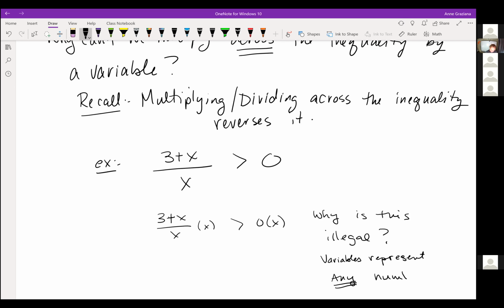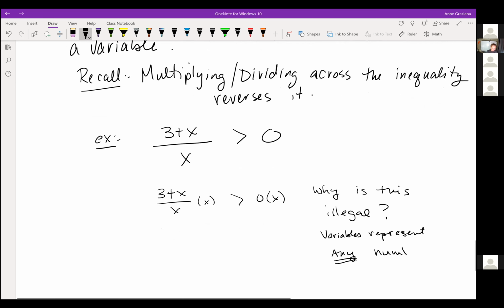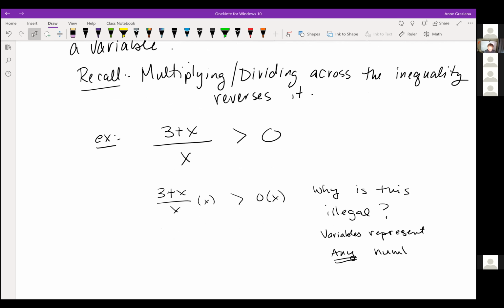Meaning it could be positive, it could be negative. We don't know. So when you multiply by an unknown, you don't know if it's negative. So you don't know if you need to flip that. That's why you can't do it. Is that clear?